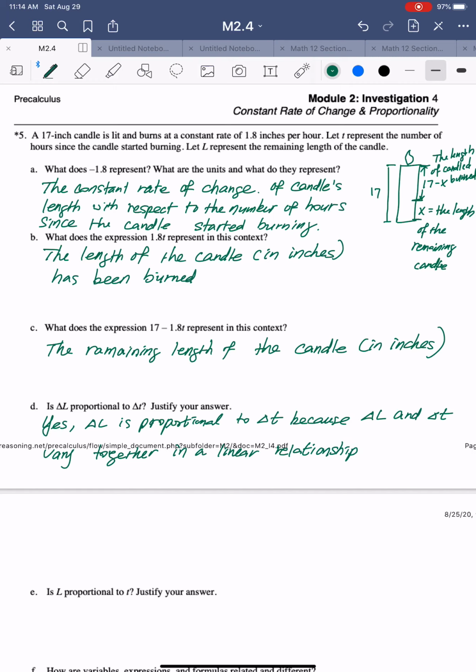That's what we call the constant rate of change, which means the rate stays the same, of the form delta L equals m times delta T. In this case, m is negative 1.8.